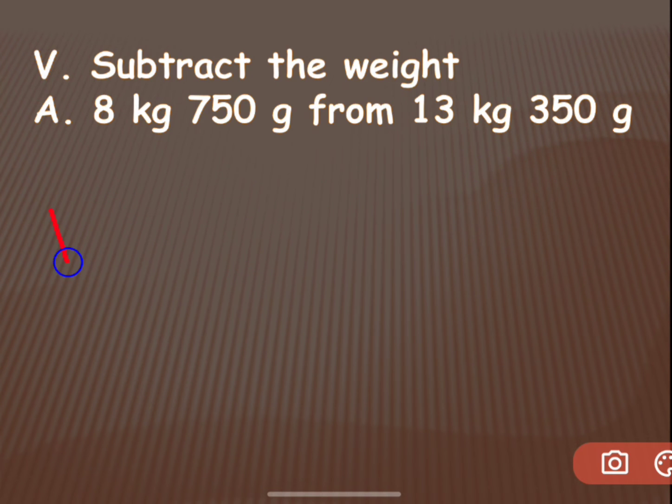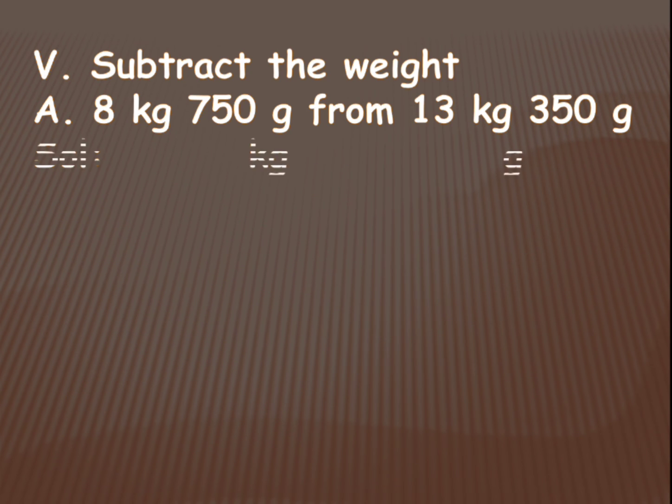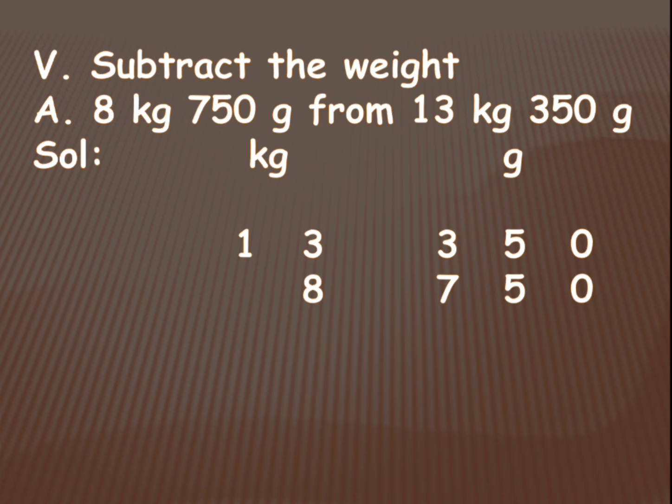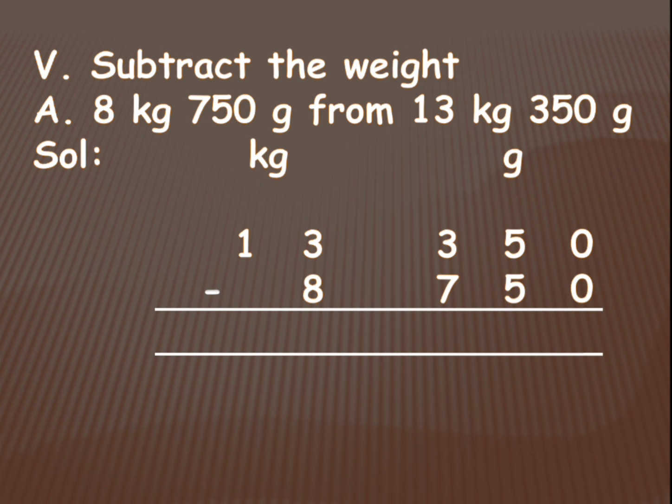So let's make the columns first. Kgs and grams. 13 kgs 350 grams, 8 kgs 750 grams. Now you will start subtracting. Always start from your right hand side. For addition, subtraction and multiplication, always from the right side. Only division you will start from the left side.